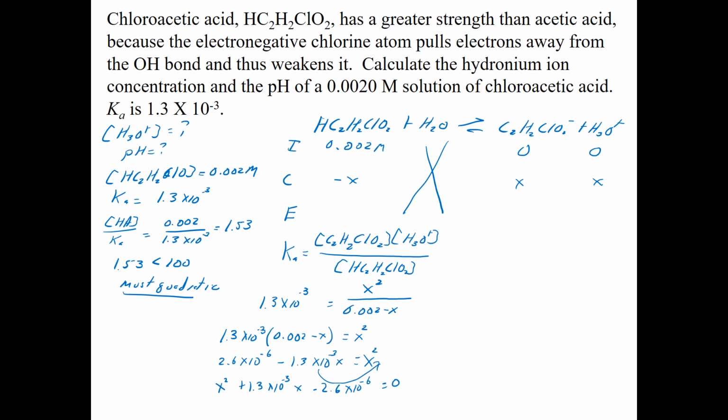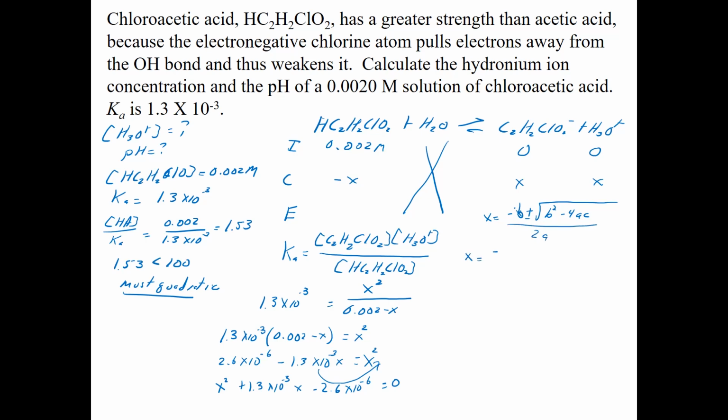So the equation is x is negative b plus or minus the square root of b squared. This is supposed to be negative b, sorry, b squared minus 4ac divided by 2a.